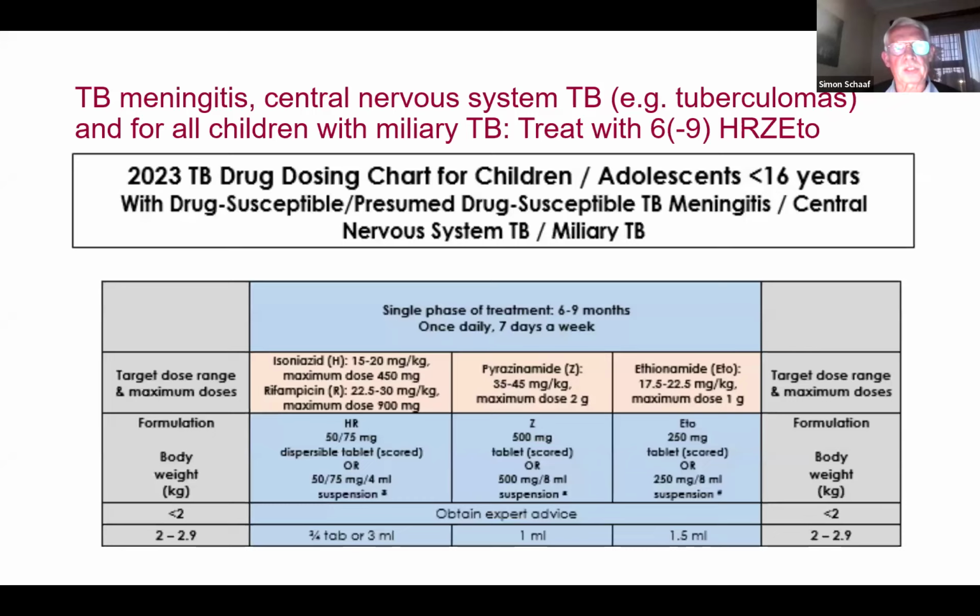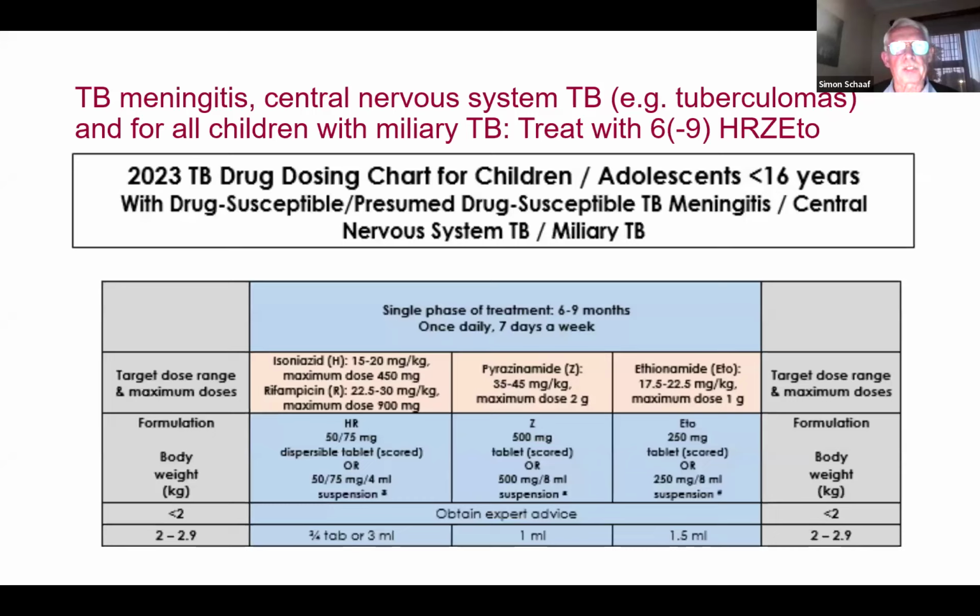The problem is the CSF can be completely normal, but when you do an MRI scan, not even a CT scan, but an MRI scan, you can see miliary tubercles throughout the brain tissue in most of these patients, and therefore all children with miliary TB should be treated as if they have TB meningitis.